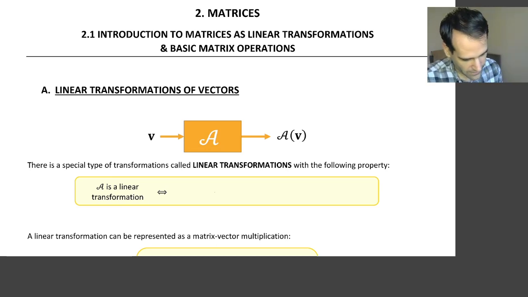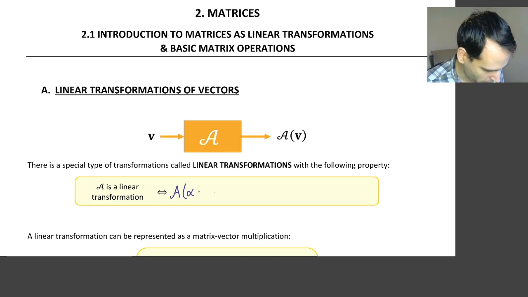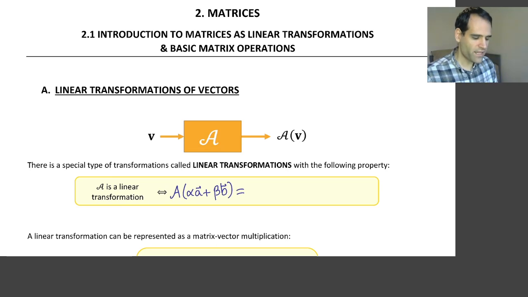A is a linear transformation if and only if the following condition holds. When the transformation is applied to a linear combination of vectors, alpha A plus beta B, then the result is a linear combination of the outputs.